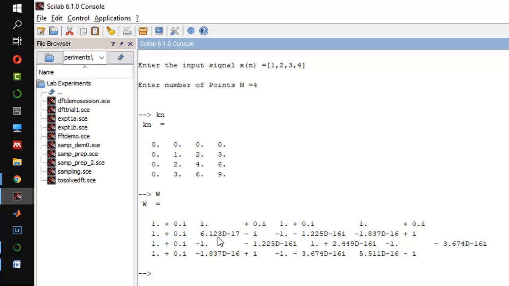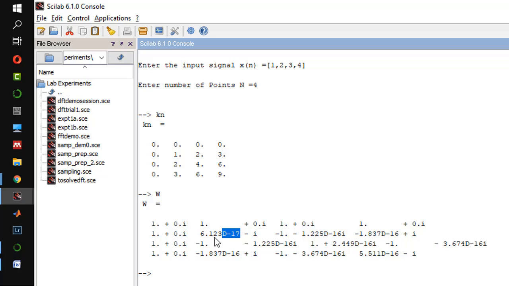And this is basically 0, so don't get confused with this. What do you mean by this? I have 6.123 e minus 17. How do we read this? This is nothing but 0.0000 up to 17 zeros, and after 17 zeros comes 6123.